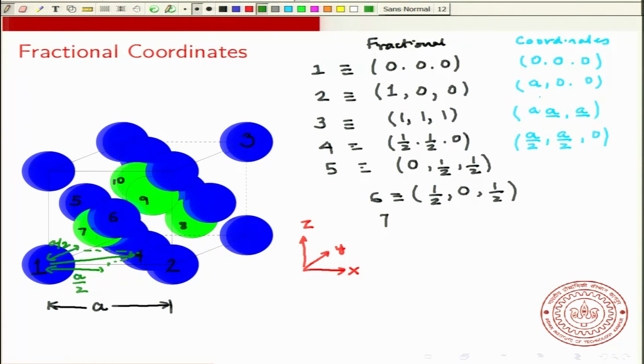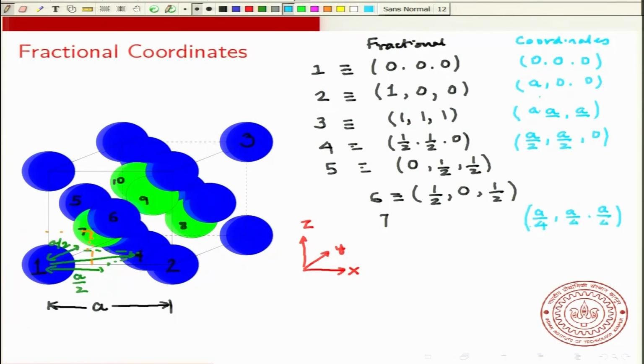If you make a projection, and let me show it in this orange color, if you project it along each of the axes, you can easily see that its coordinate is actually a by 4, a by 4, a by 4.